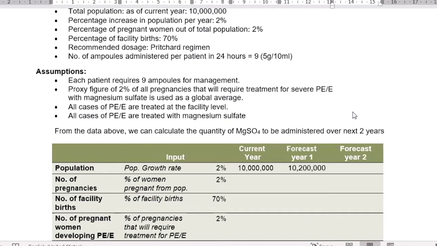Are you sure? Yes, sir, 204,000. It should give us 2% of this. Yes, sir, 204,000.